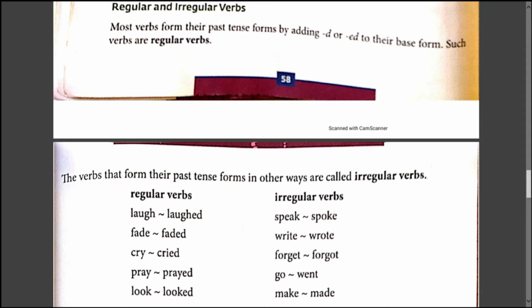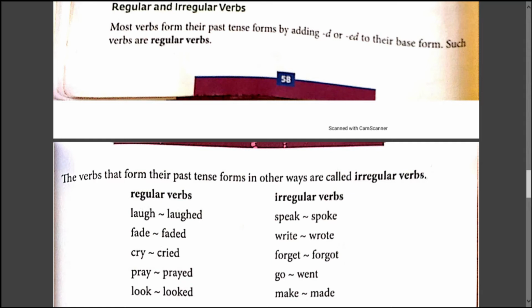Now let's see. First I'll read about regular verbs. Only we will be adding d or ed. So here examples are laugh, laughed, fade, faded. We added only d in faded. So the fade spelling is fade, but for faded you only add d.